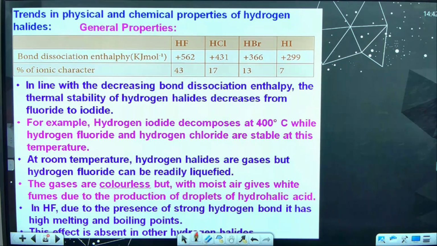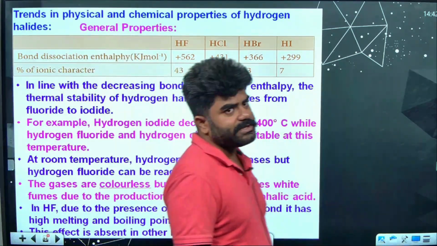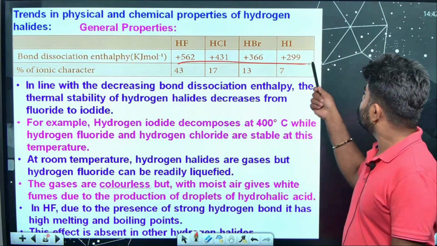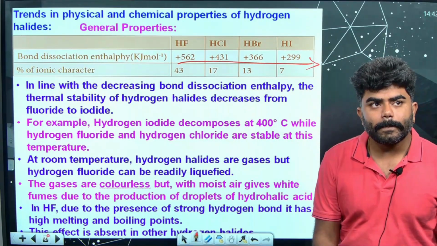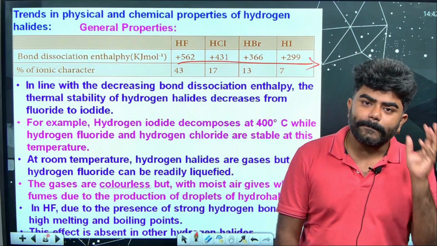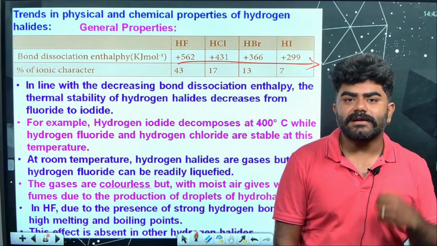Here you can see the physical properties of the different hydrogen halides such as HF, HCl, HBr and HI. So you will notice that the bond dissociation enthalpy goes on decreasing. Right, so the bond dissociation energy வந்து ஒரு மாலிக்யூலுக்கு கம்மி ஆக ஆக என்னாகும் அந்த molecule weak-ஆ இருக்கு அப்படின்னு அர்த்தம்.